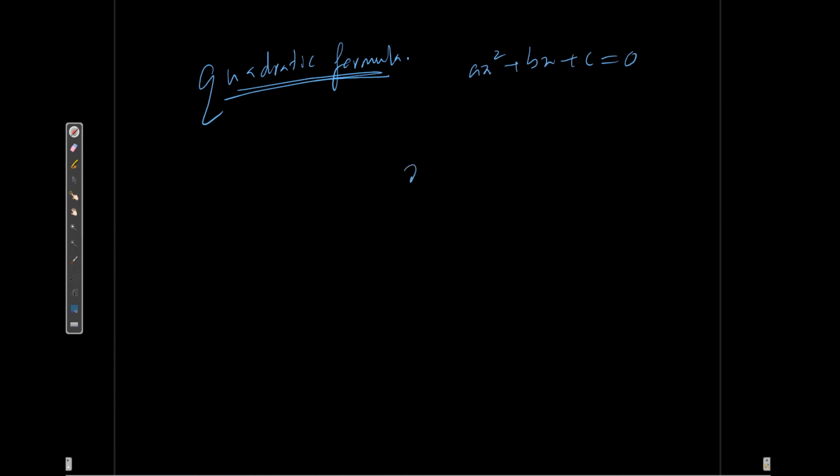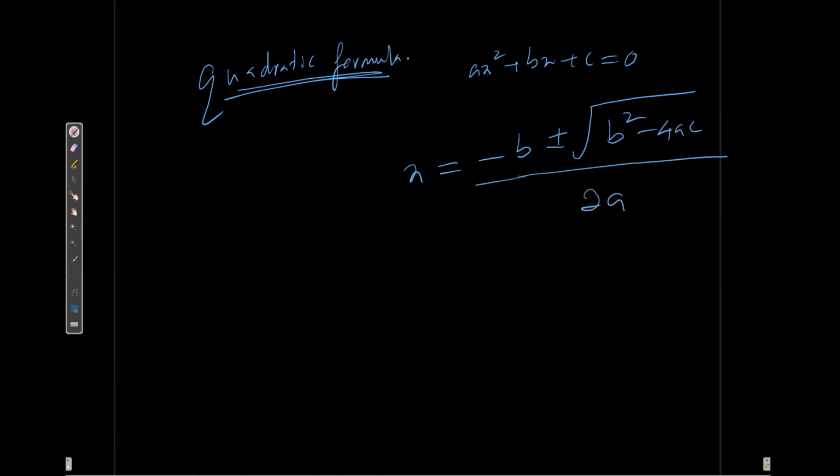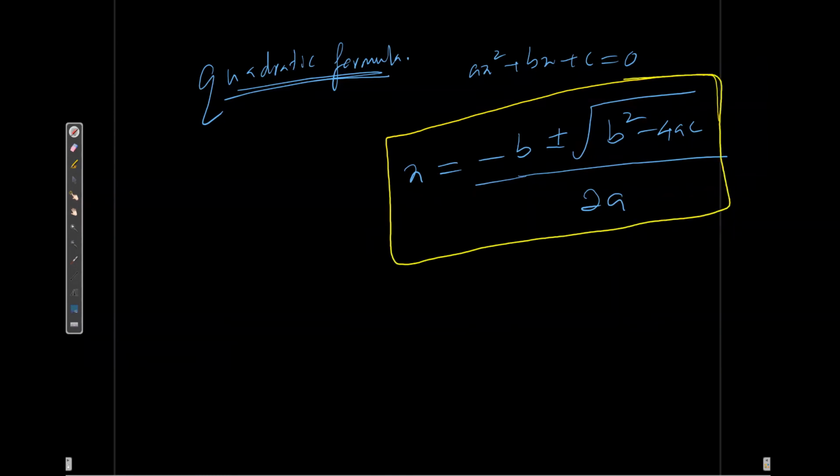This one, x is going to be minus b plus or minus square root of b squared minus 4ac divided by 2a. Now, you must remember this because it's not easy to derive this. It's not easy to see why, because there is a lot of simplification. Now, where is this coming from?